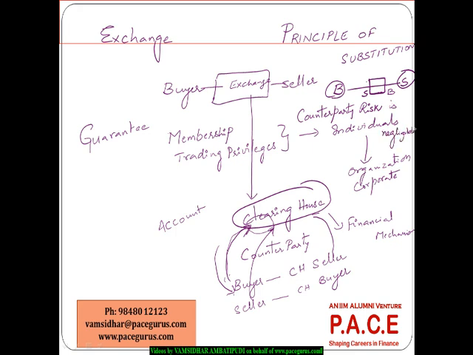So the counterparty risk is really negligible in case of futures contracts because of this principle of substitution. Any gains it settles by depositing the funds, any loss it collects the funds from those parties, and it transfers in a timely manner. That's the major role associated with the clearing house.